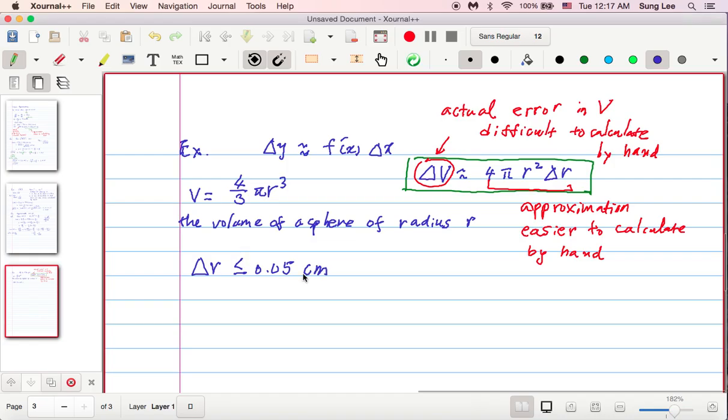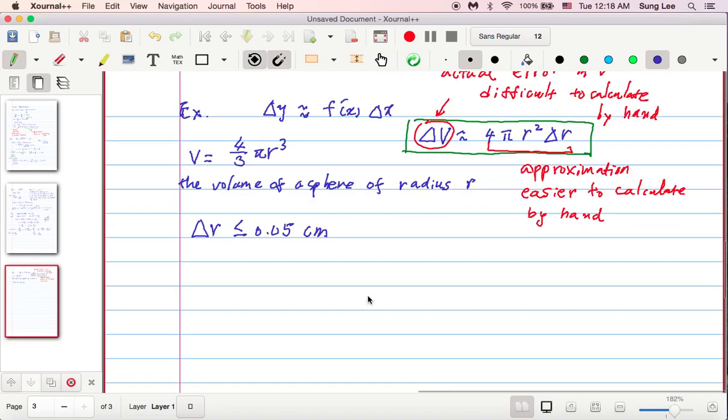So the maximum allowed error in the measurement of R is 0.05, which means that delta V is approximated by 4 pi times, remember the measured radius was 21 centimeters, so 21 squared.